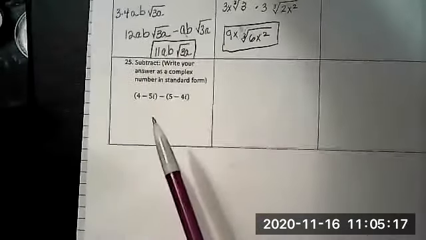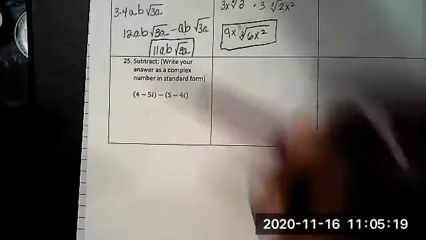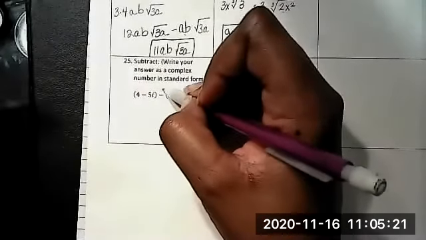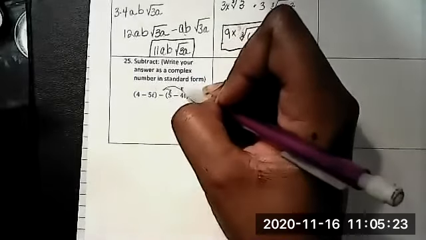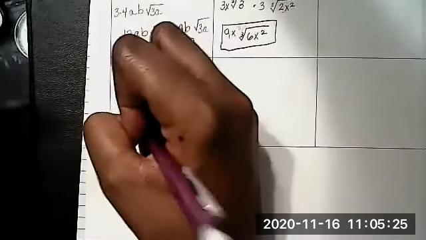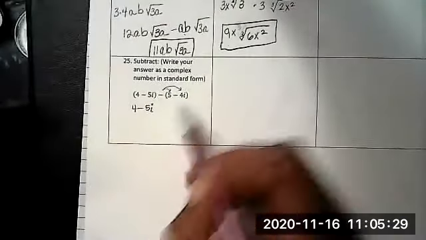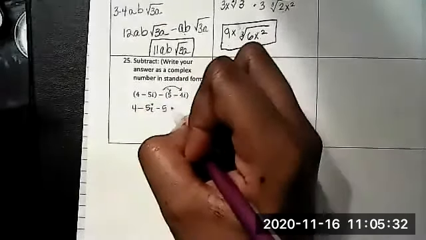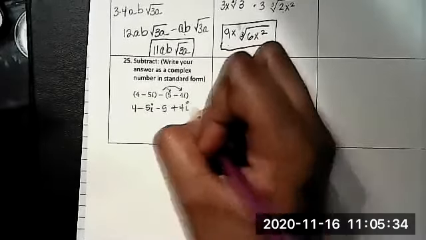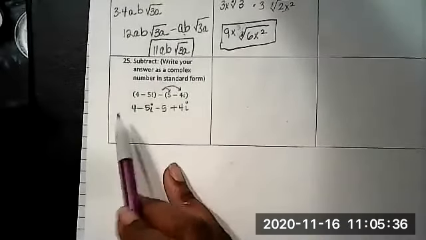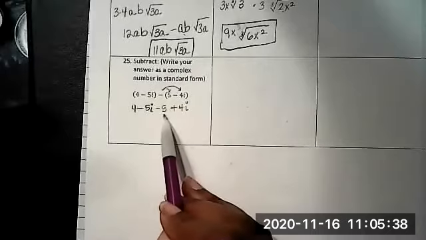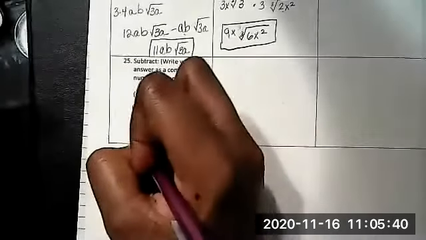Finally, this one here, not so difficult really, because all you have to do, because this is subtracting, is distribute the negative here. Okay, so this becomes 4 minus 5i, and all the negative does is change the sign. That now becomes negative 5, and that becomes plus 4i. And then combine like terms, put the number first. 4 minus 5 is negative 1.